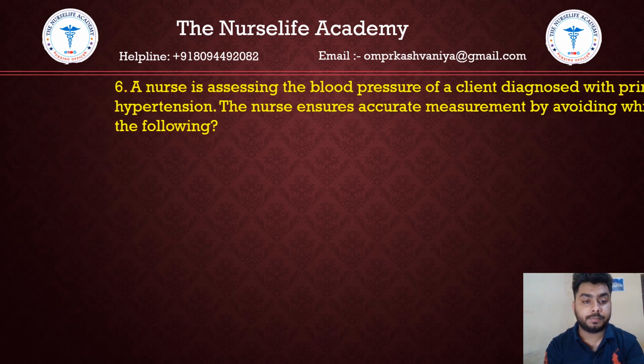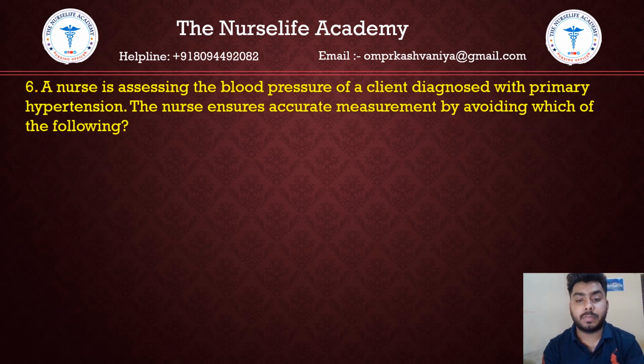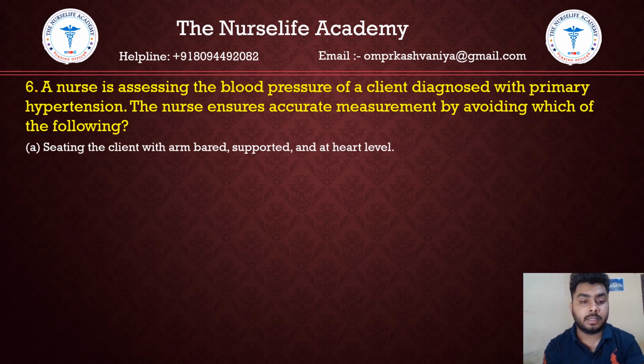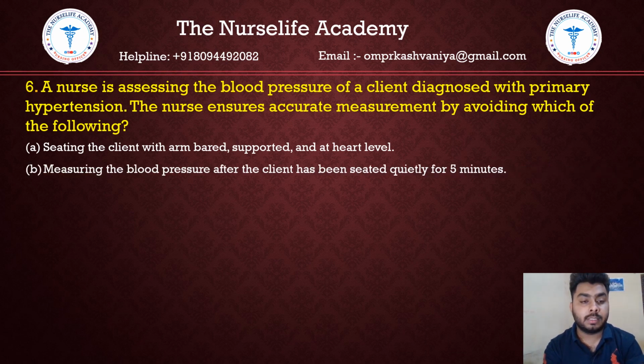Next question. A nurse is assessing the blood pressure of a client diagnosed with primary hypertension. The nurse ensures accurate measurement by avoiding which of the following? Option A, sitting the client with an arm supported and at heart level.